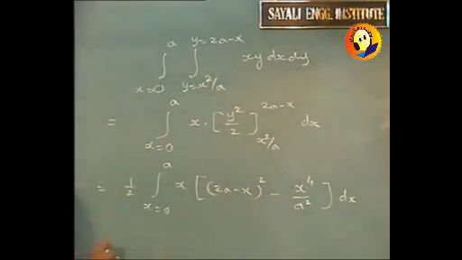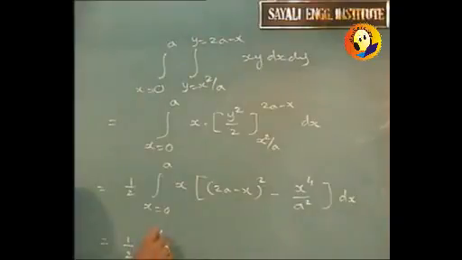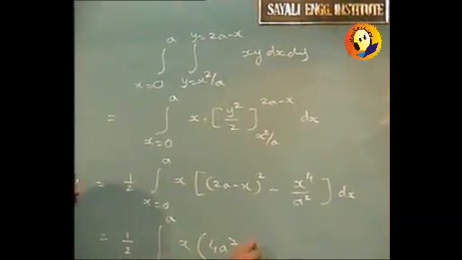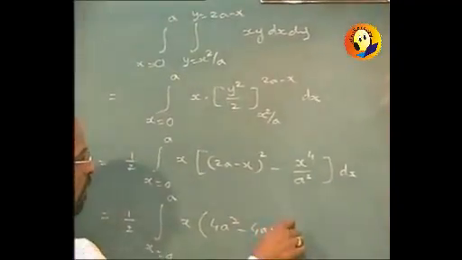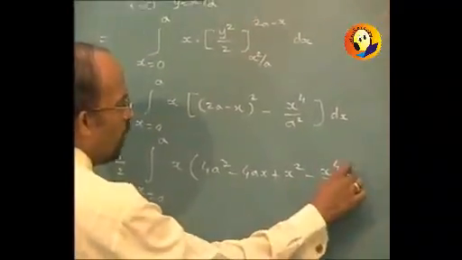Further simplification is not possible, and x into 2a minus x bracket square also cannot be put in any simplified form. Only option that is left with us is to expand this and multiply by x, x equal to 0 to a, it will be x into bracket 4a square minus 4ax plus x square minus x raised to 4 upon a square dx.